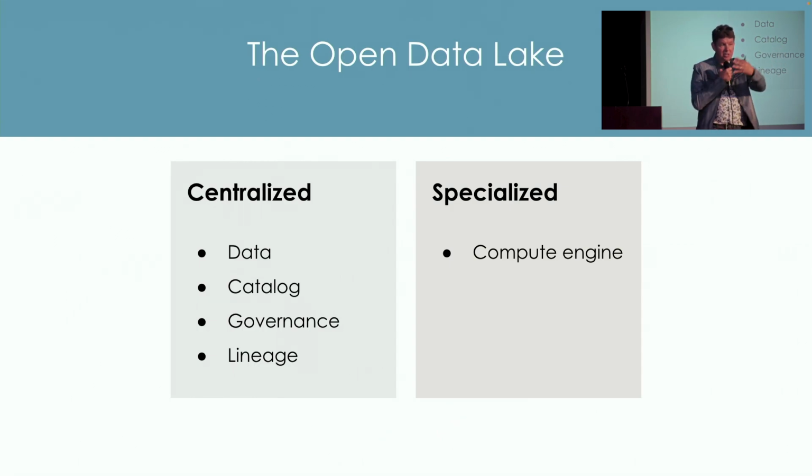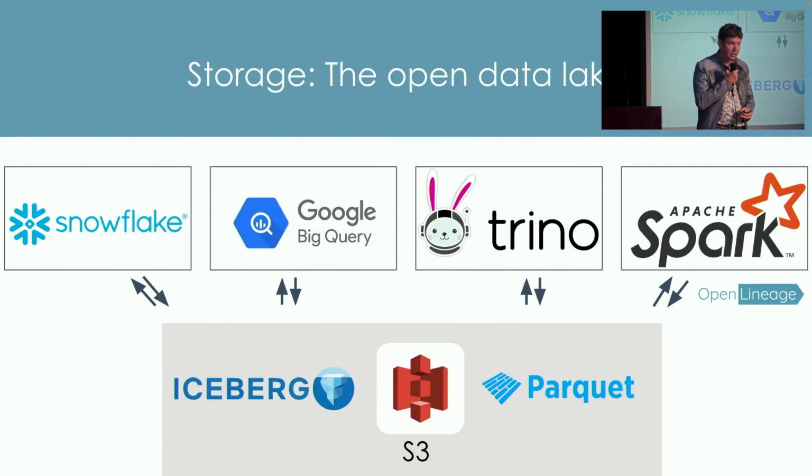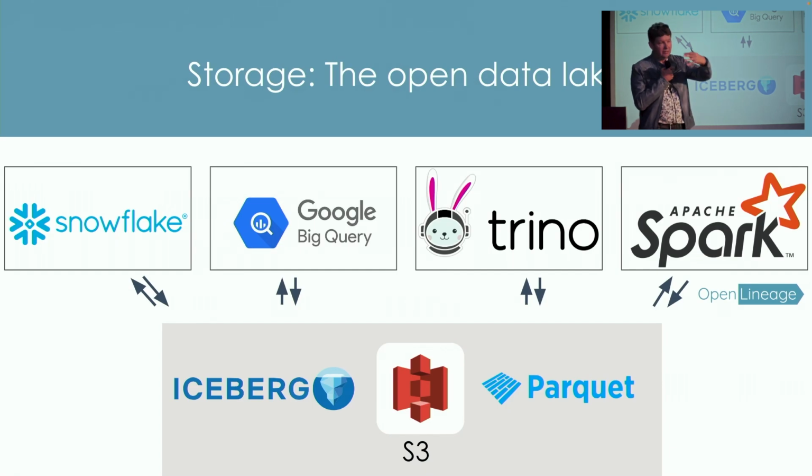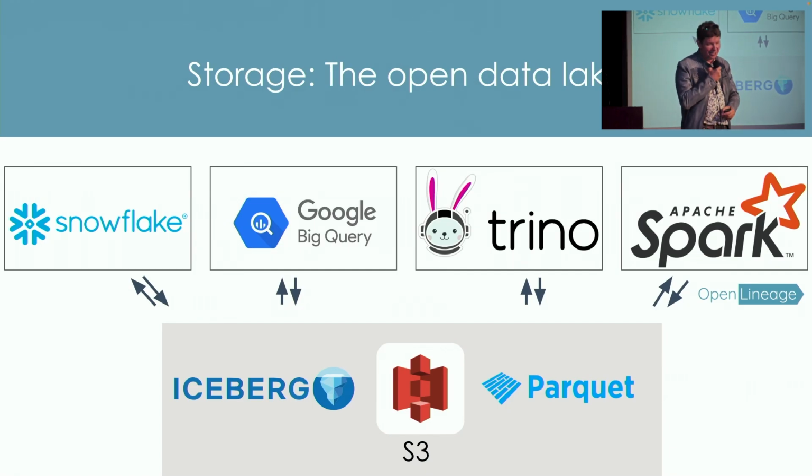And then there's a specialized part that you can have multiple of, which is the compute engine, right? You have your shared storage and you have governance around your data: how do I own it, who owns what in my organization? And then I can plug it into Snowflake, BigQuery, Trino, Spark, Dremio, and others.